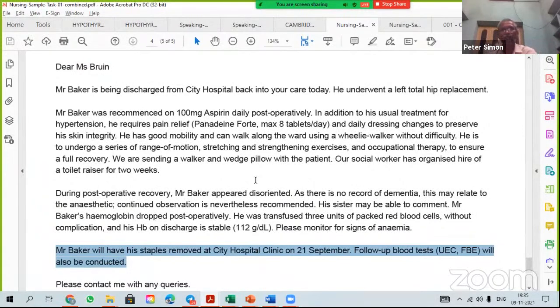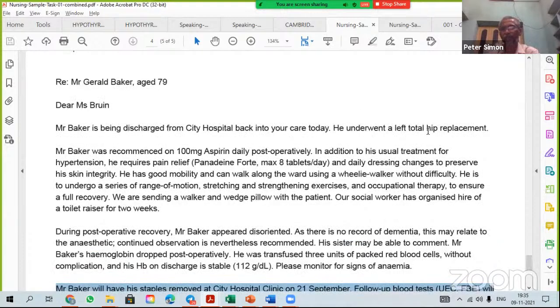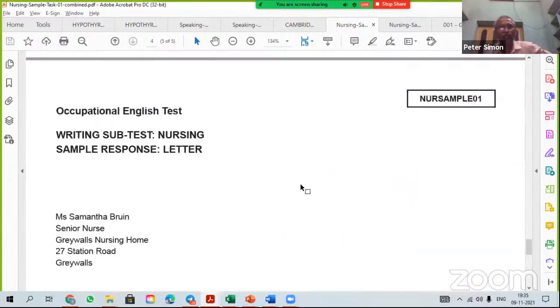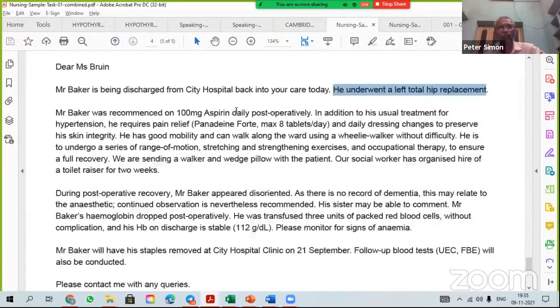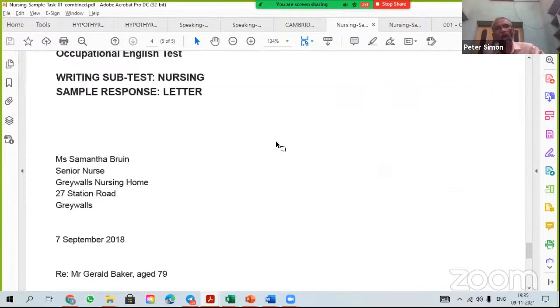Now, he underwent a total hip replacement, right? You can see that one. So now when, what, how?